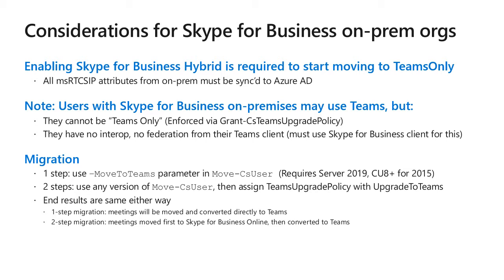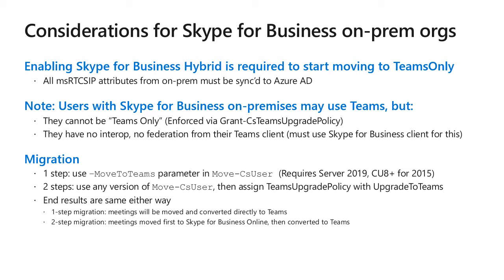If you don't have Server 2019 or you don't have CU8 or better for Server 2015, and you don't have any mechanism to install the admin tools with those particular versions, then you can always do the two-step approach, which is to simply use Move-CsUser to move the user from on-premises Skype for Business to Skype for Business Online, much like you would have in any previous migration from on-prem to online, and then go ahead and assign the Teams upgrade policy of upgrade to Teams, which is the Teams-only coexistence mode.